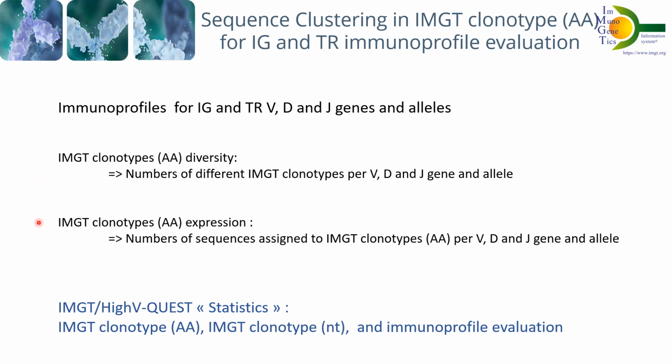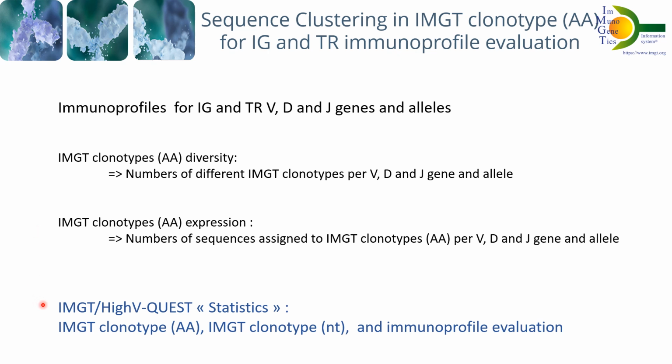And secondly, regarding the expression of the IMGT clonotypes, immunoprofiles will be built by the evaluation of the numbers of sequences assigned to clonotypes per V, D, and J gene and allele. Note that the assessment of the diversity and the expression could be helpful to find clues for a potential clonal extension.